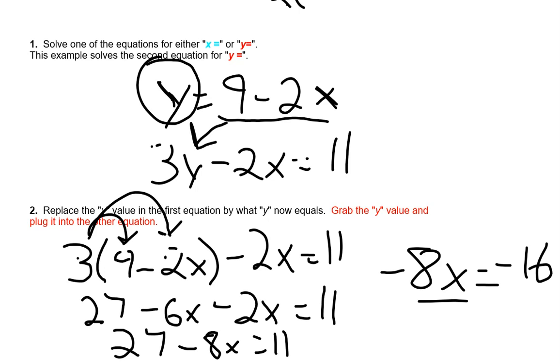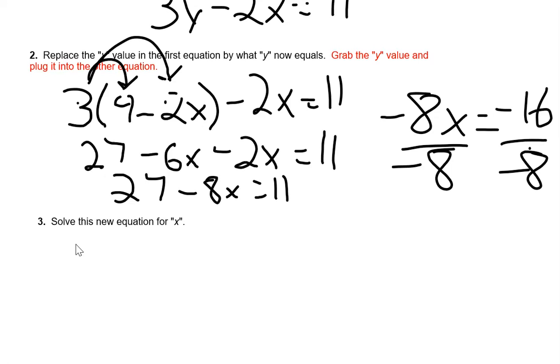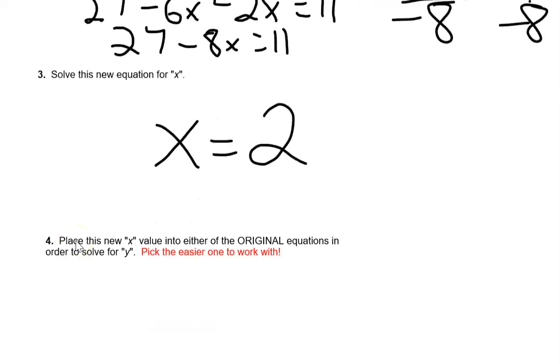Then I can solve for x by dividing by negative 8 on both sides. So if I go about doing this substitution here, I can solve for x, and I will have x equals negative 16 divided by negative 8, which is going to give me a 2. So our third step would be to go through there and solve for x.